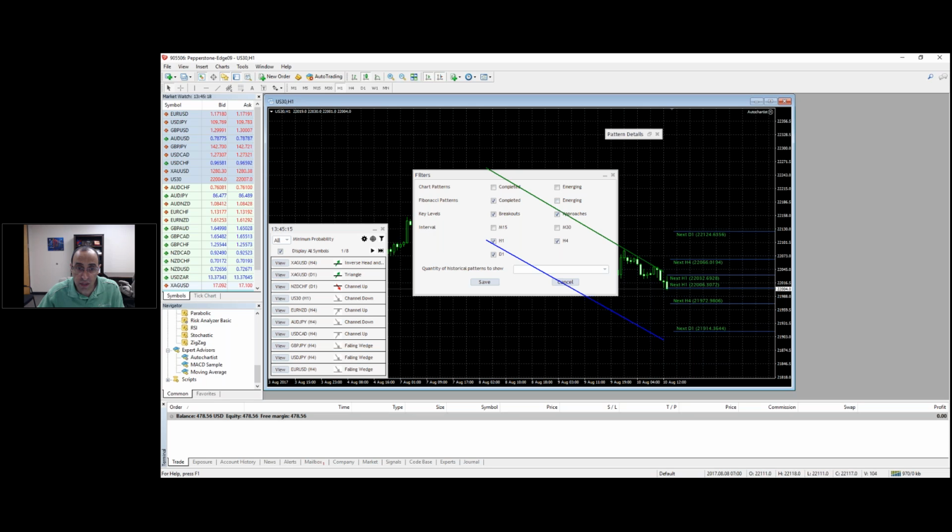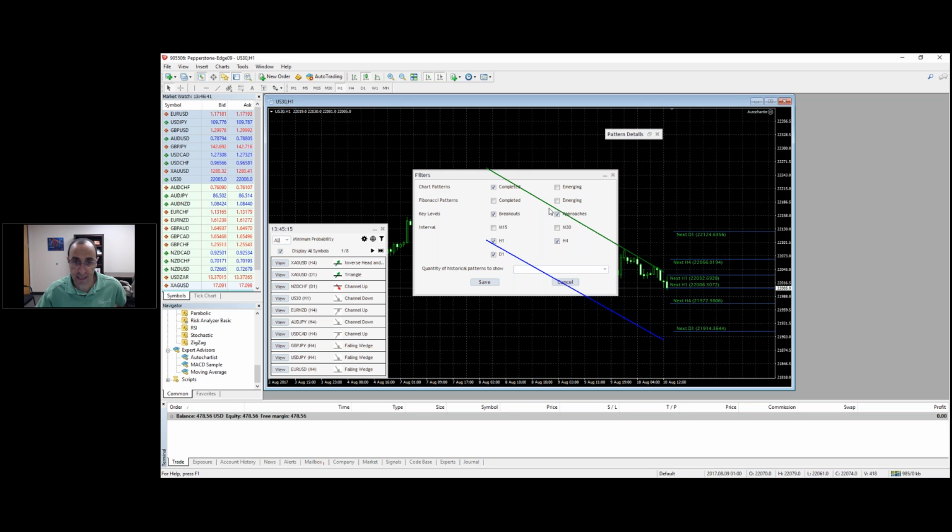So I'm going to tick all the different types of patterns, and I'm going to show you the ones we do provide statistics on. That's completed or breakout chart patterns, just like the one I showed you a few minutes ago on silver, and key levels, breakouts, and approaches. And I'll show you some examples of those.